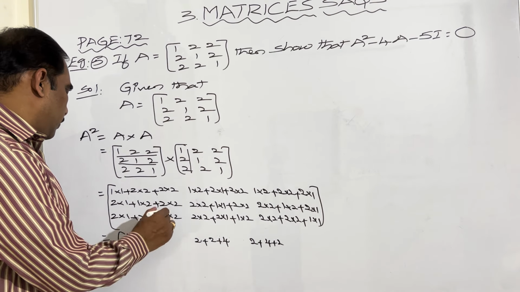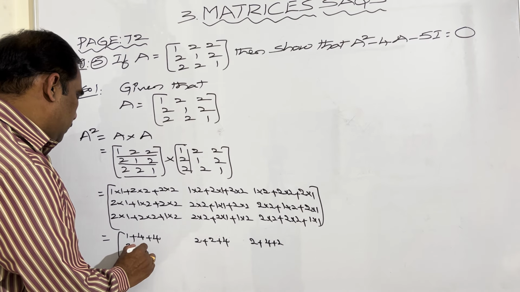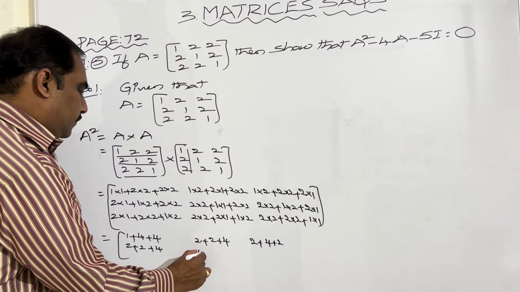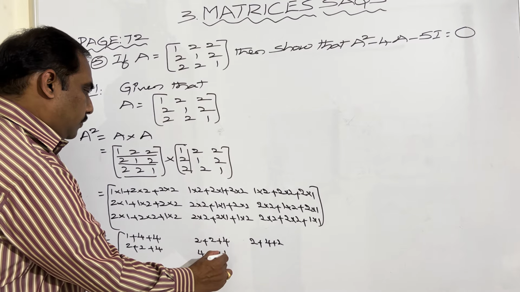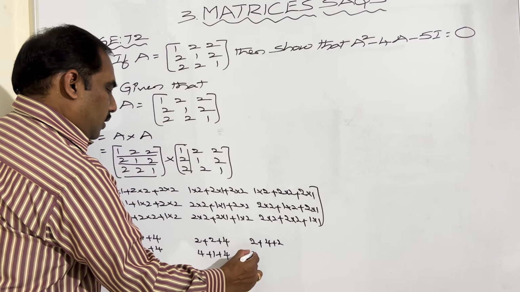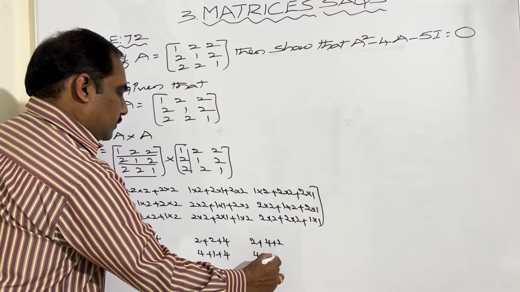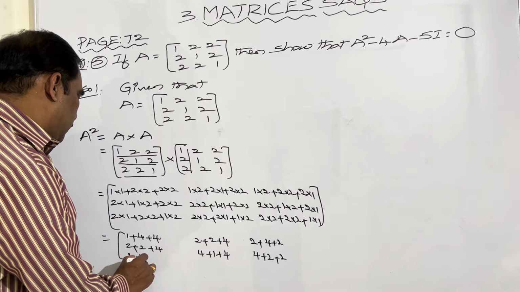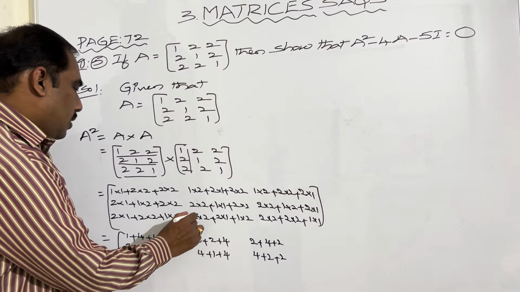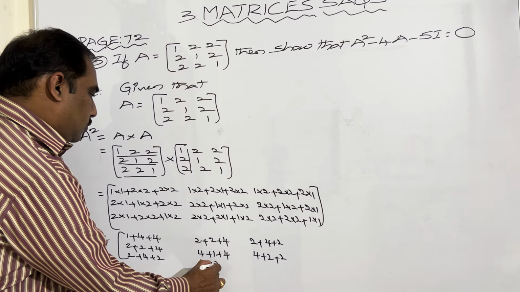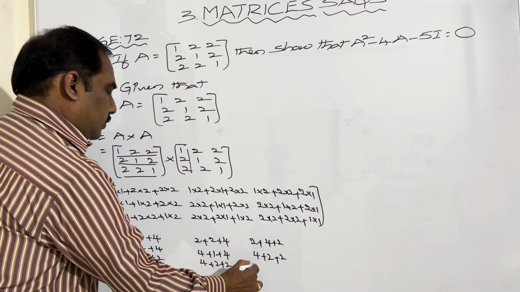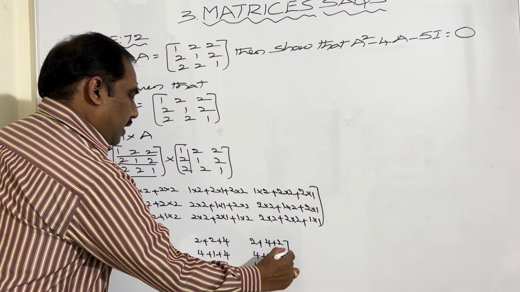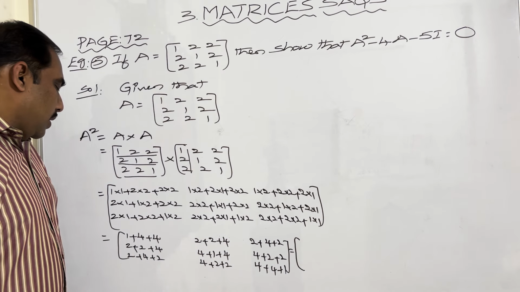In the second row we get 2 plus 4 plus 2, then 4 plus 1 plus 4, and 4 plus 2 plus 2. Again in the last row we get 2 plus 4 plus 2, 4 plus 2 plus 2, and 4 plus 4 plus 1.